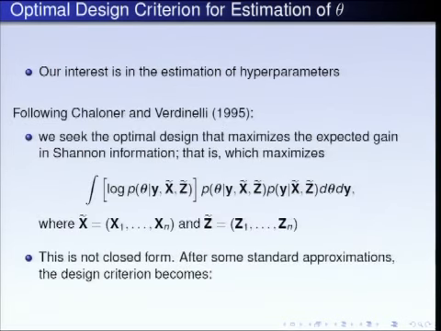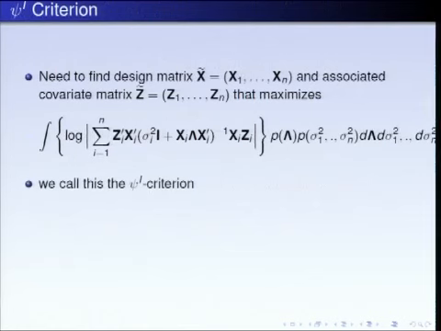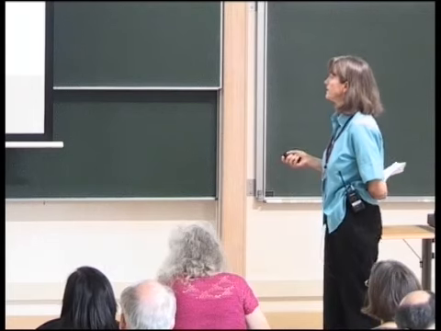We followed Chaloner and Verdinelli's approach of trying to maximize the expected gain in Shannon information, which is actually this expression here, which is not a closed form, and you have to go through a series of approximations, which I'm not going to go through today. And you end up then with this criterion here. I'll call that the psi-I criterion, for want of a better name.